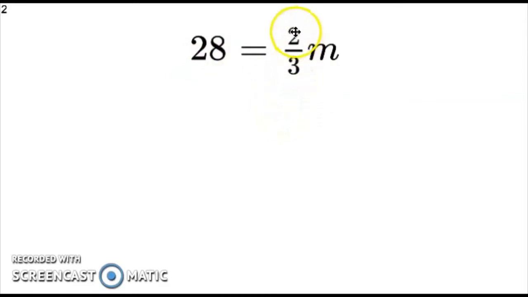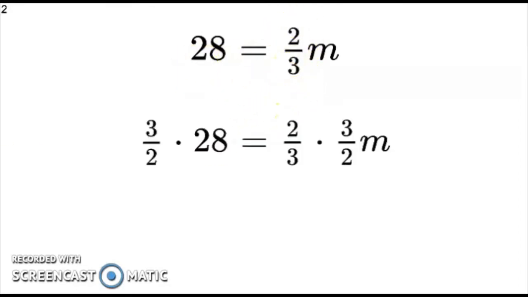So that means I'm going to multiply both sides by 3 over 2. Okay, so 3 over 2 times 28 gives me 42. 2/3 times 3 over 2 gives me 1, and I'm just left with m. So the length is going to be 42 inches. And that's my answer for number 2.